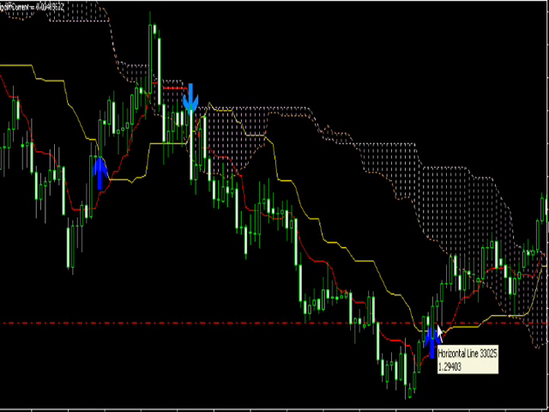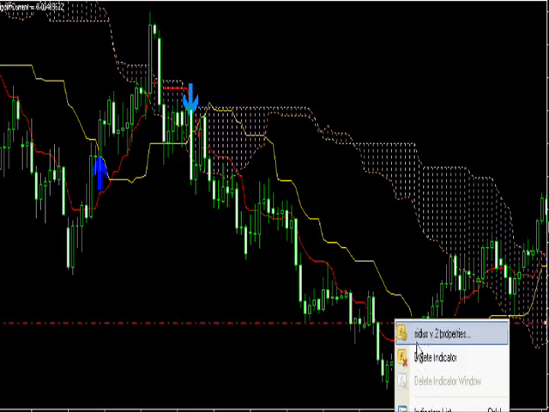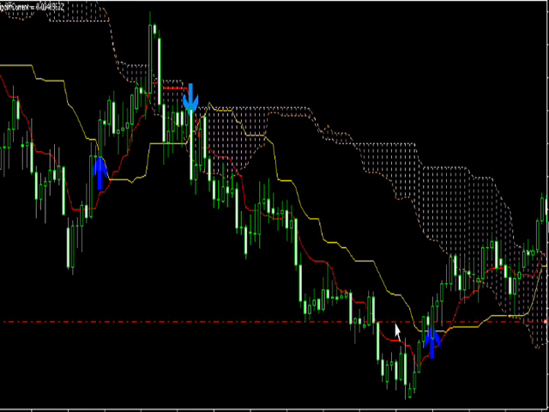I'm going to put a 50% retracement of the bar that forms the arrow to snag me into the market, which is right here where this dotted red line is, where I would be in the market. Let me change the color.